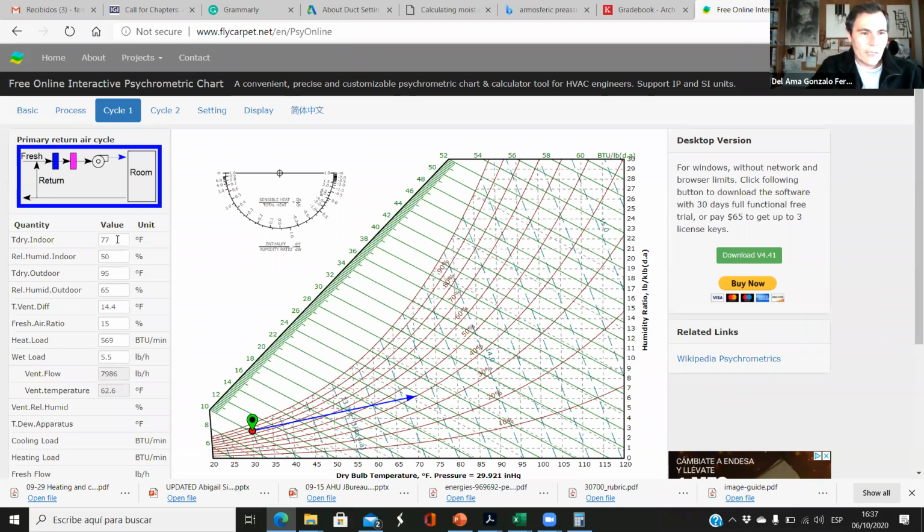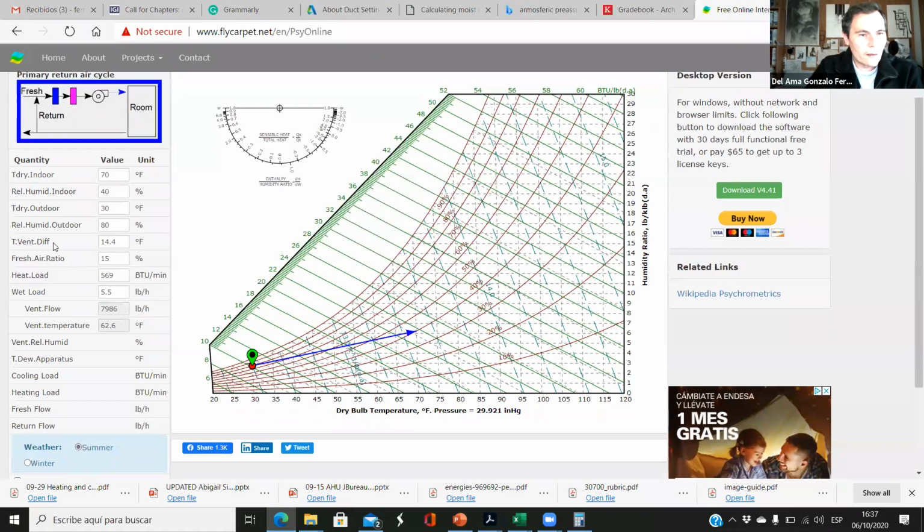Okay, so here we have to type temperature indoor, 70, relative humidity indoor, 40, dry bulb temperature outdoor, 30, relative humidity outdoor, I think it was 80, G vent diff, let's say 0 here.